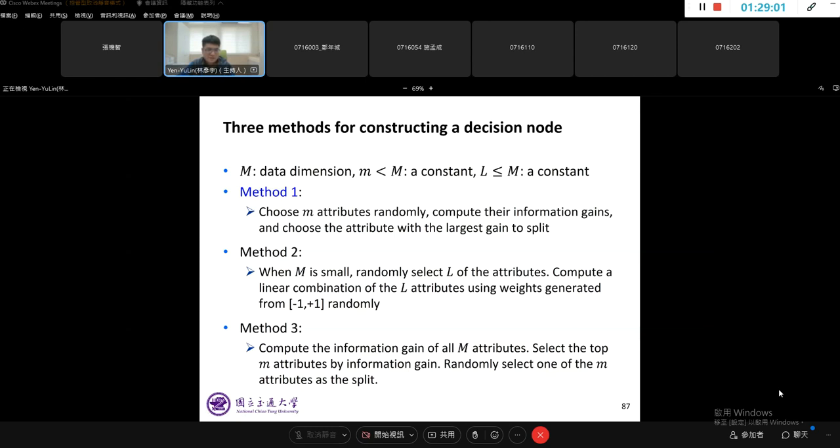Okay. Now let's consider the second method. This method is popular when the value of M is small.